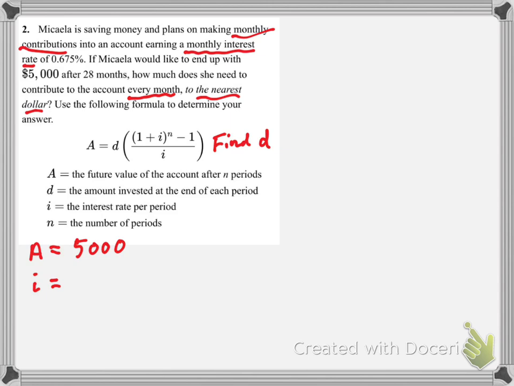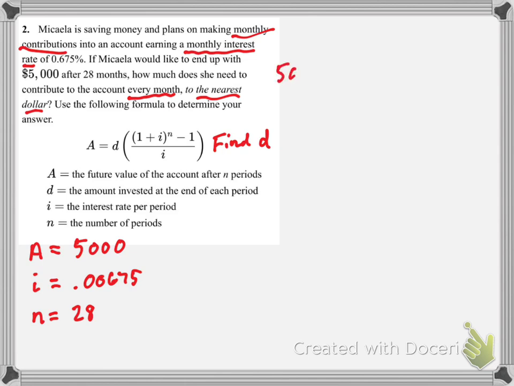Now, here's the thing. All the units of time are the same. Monthly contribution, monthly interest rate, 28 months. So we don't have to adjust anything. So it's 0.675%, but I still have to move the decimal 2 to the left. So it's 0.00675. And then N is just 28 months. So we just plug in.